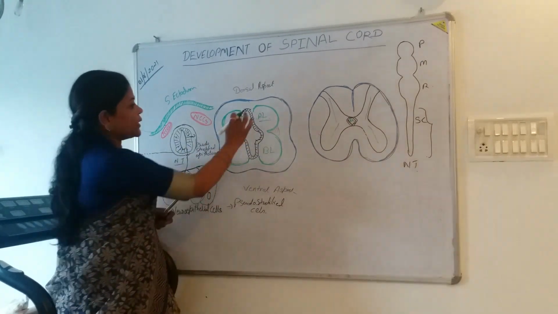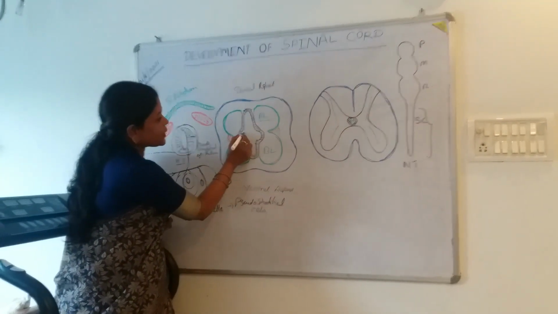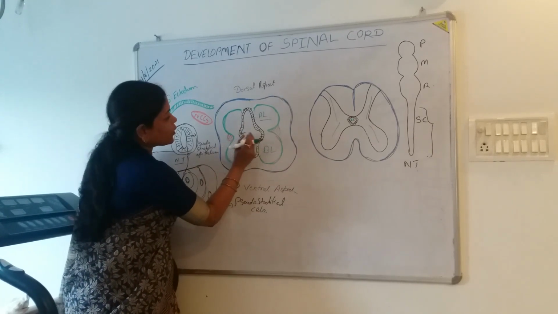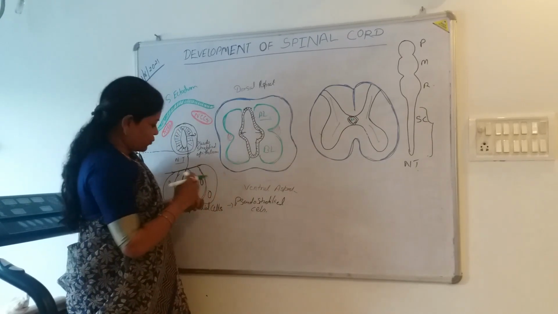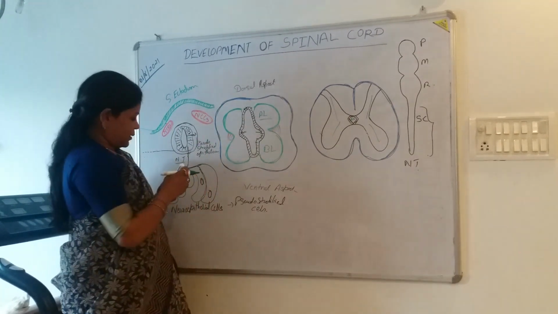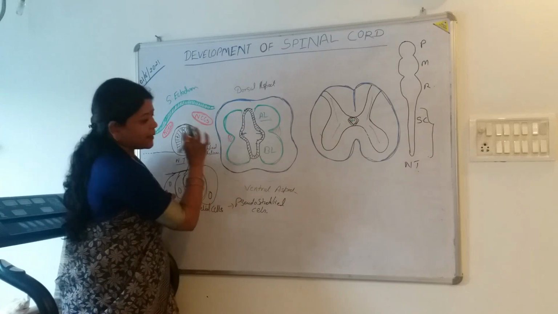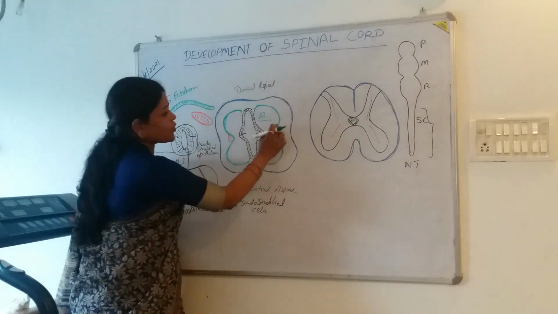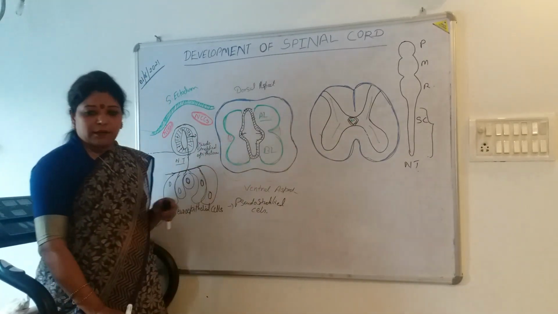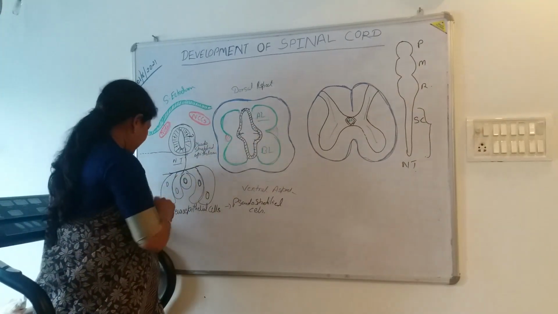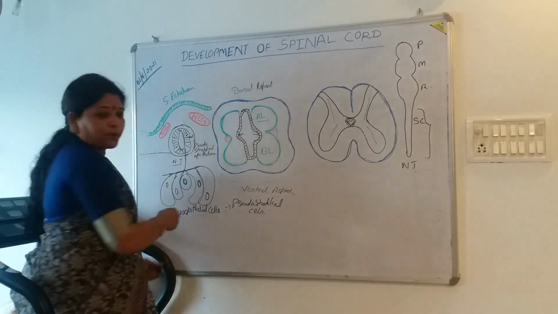Now see here, in the human, there is a longitudinal sulcus, the sulcus limitans, which divides this mantle layer into the alar lamina and the basal lamina. At the junction of both laminae, the alar and the basal, here in the red color, what will you see?